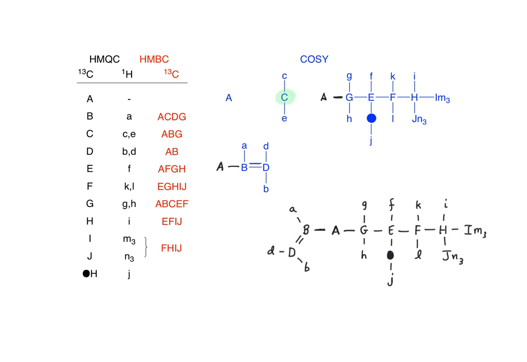But A is missing a couple of bonds, as is C. So let's revisit protons C and E. If we bond carbons A and C, then it makes sense that protons C and E have a 2-bond correlation to carbon A and 3-bond correlations with carbons B and G. And that constitutes the complete structure.